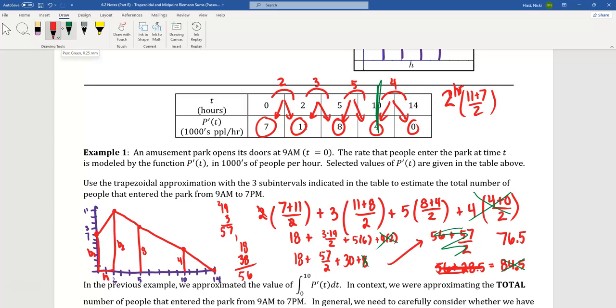The 7 and 11 were both in people per hour. So I'm multiplying hours times people per hour. So the 2 right there doesn't really have a unit with it because it's just dividing. The hours cancel, and I just get people. So this is 76.5 people.